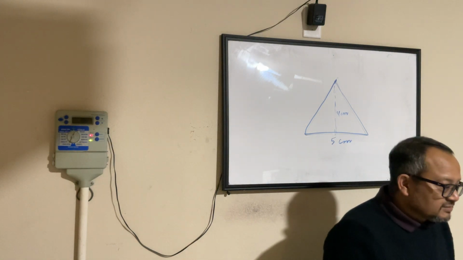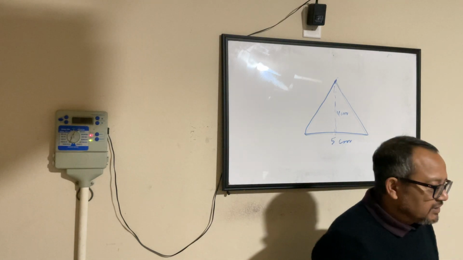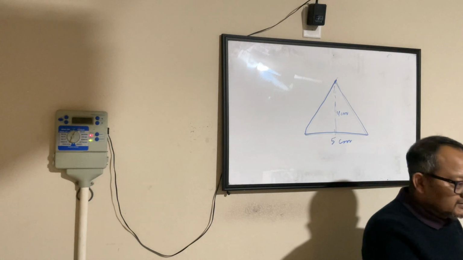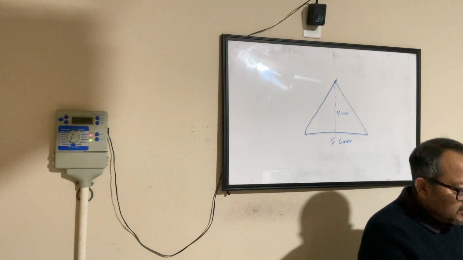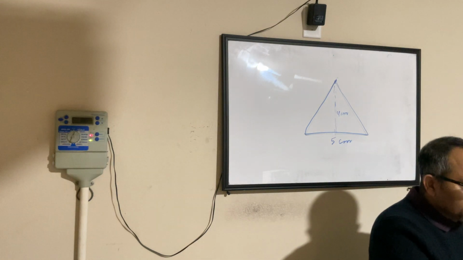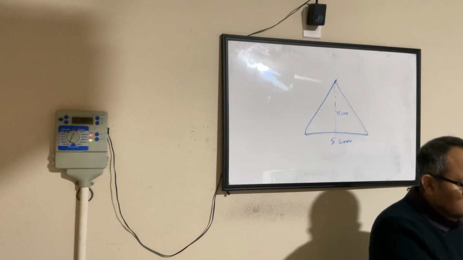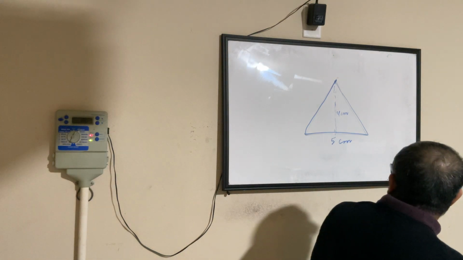Yeah, Nihan, go ahead. I got the answer. What is the perimeter and how much is the area? I got the area as 10 centimeters square, and I got the perimeter as 4.5 centimeters.